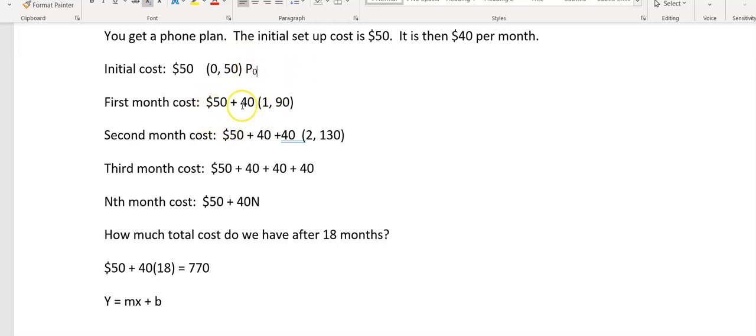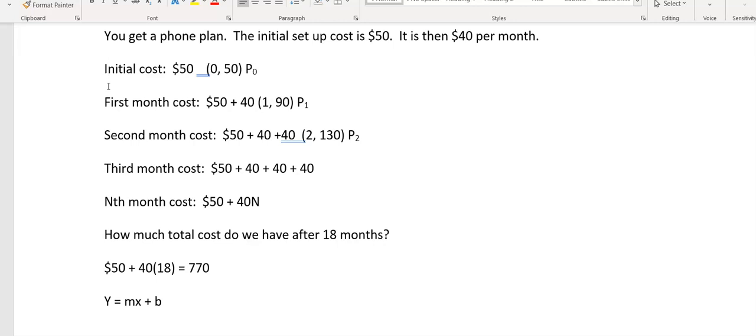Whereas this right here, our first month, we would say P with a 1 as its subscript to indicate this is the first month cost, or P with a little 2 at the bottom to show the second month cost. Similarly, since we used N as the month, we might say N sub 0 for the initial month.